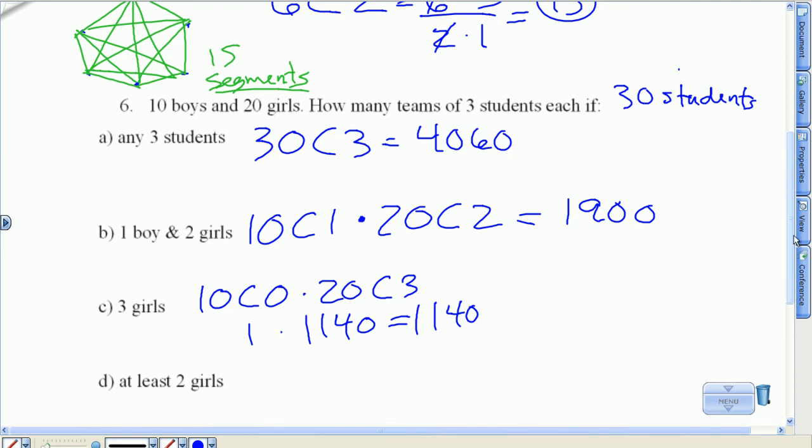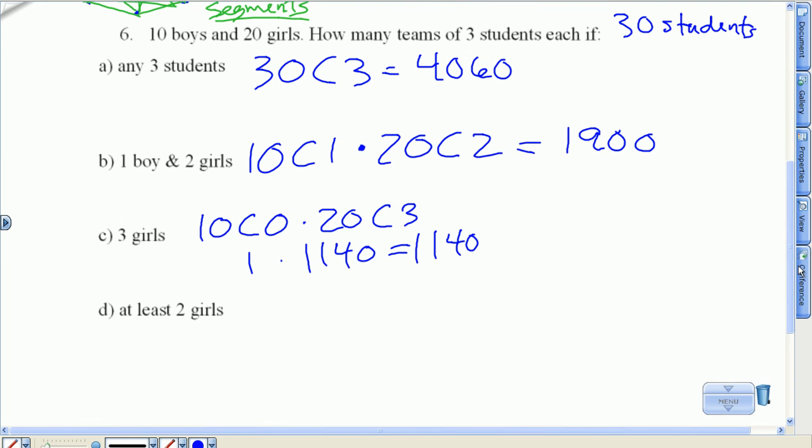All right, at least 2 girls. So we're making a committee of 3 persons. What will make us happy is getting 3 girls or 2 girls. Well, 2 girls we already did. That was part B. That was 1,900. 3 girls we did already.